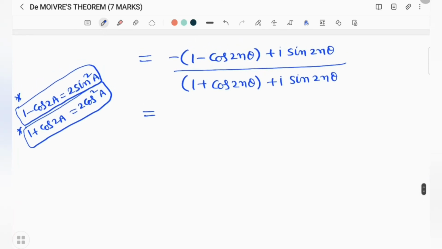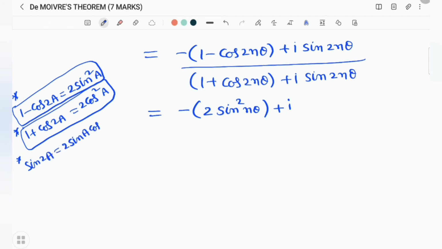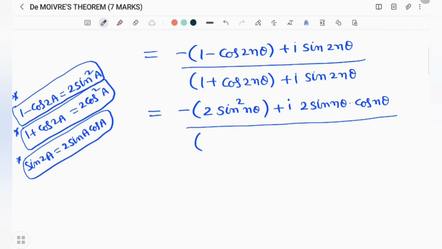So it becomes, minus 2 sin² (2nθ/2), that is 2 sin² nθ, plus, half angle formula, i into sin 2A, which is equal to 2 sin A cos A. So this can be written as 2 sin nθ cos nθ, divided by 1 + cos 2nθ, which is 2 cos² nθ, plus i into 2 sin nθ into cos nθ.